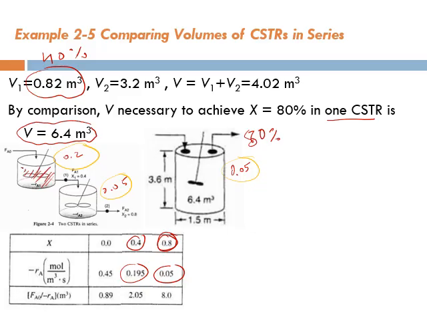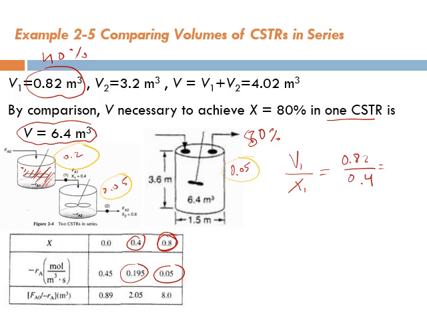So in order to make a fair comparison, let's calculate volume per conversion. So the volume of the first reactor is 0.82 divided by conversion. How much conversion? It is 0.4.